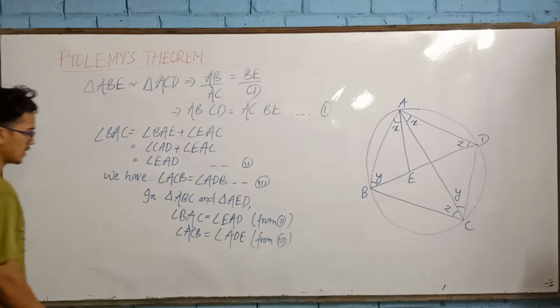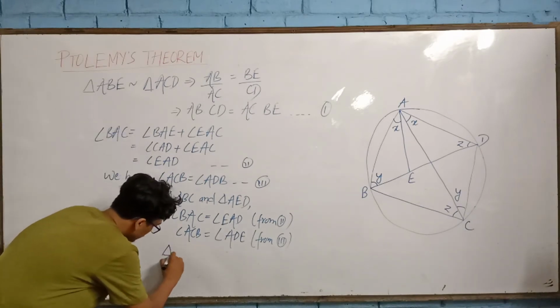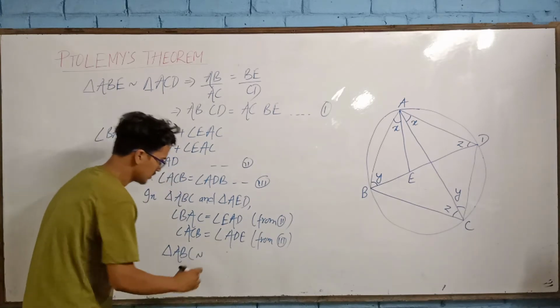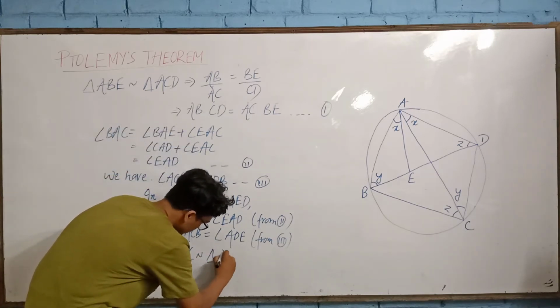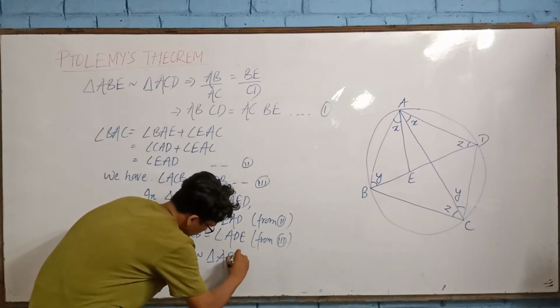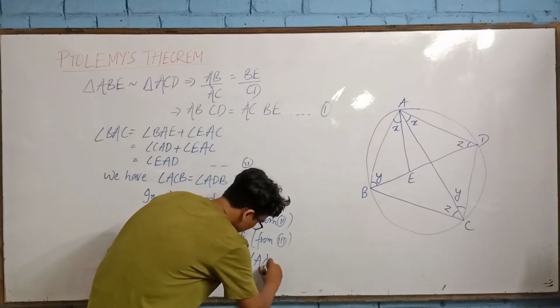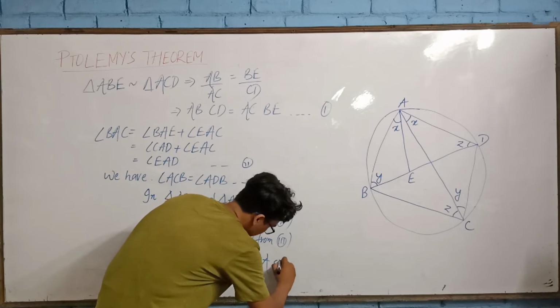So we have triangle ABC similar to triangle AED via the AA similarity criterion.